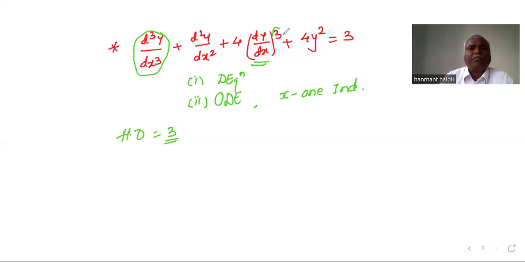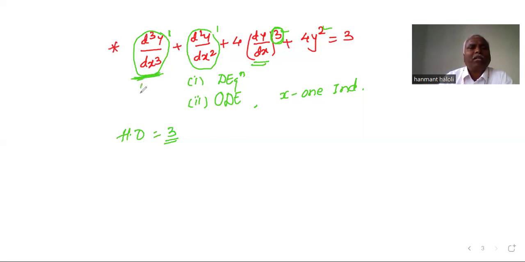Here degree is 3. And this term degree is 1, this term degree is 1, this term degree is 3, and this term degree is 2. Now, which is the highest ordered term? This is the highest order, the 3 times derivative.